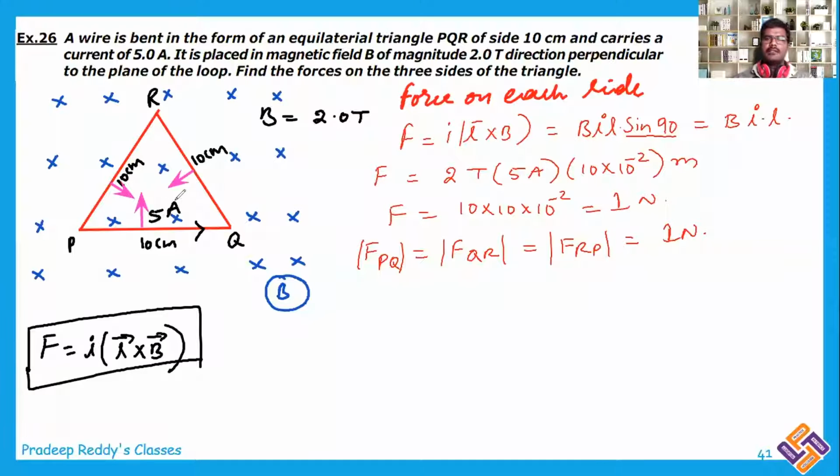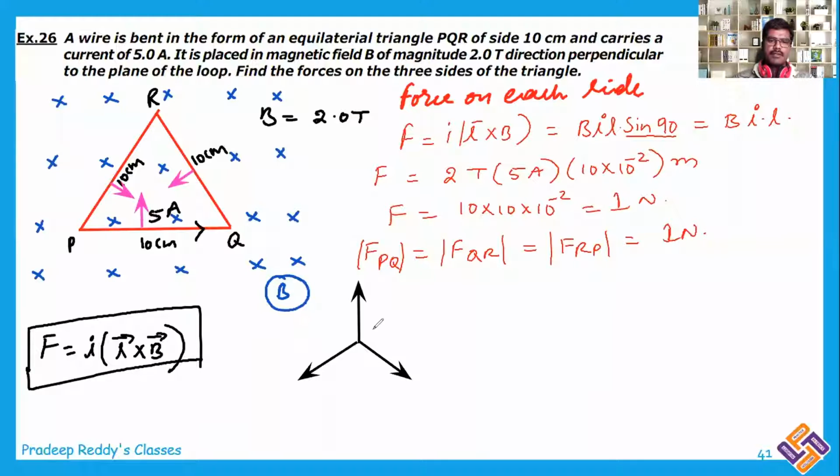Upon these three segments, force is acting towards this side. It can be drawn like this. Check it: one force is upward, another force is this side, another force is this side, and the magnitudes of all these forces are equal, so it obeys Lami's theorem, and the angles between them are also equal.